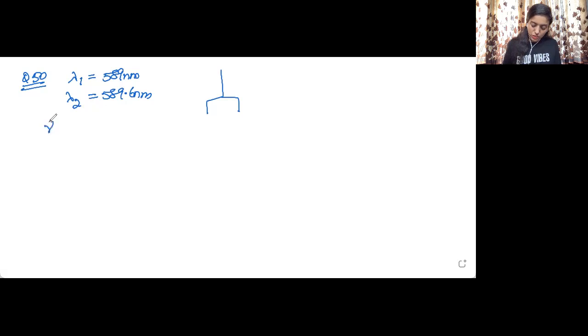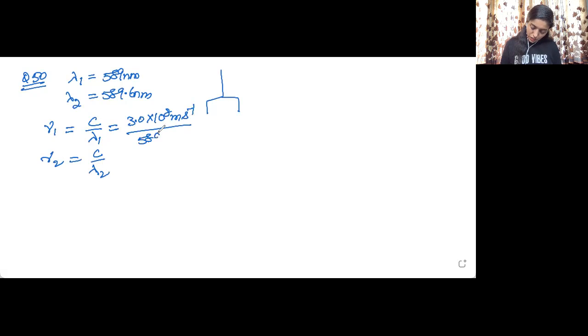So we need to calculate ν1 and ν2. ν1 is equal to c upon λ1, and ν2 is equal to c upon λ2. So c is 3.0 into 10 raised to the power 8 meter per second upon 589 into 10 raised to the power -9 meter.